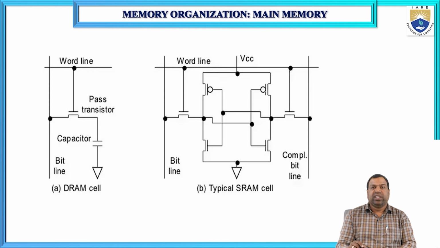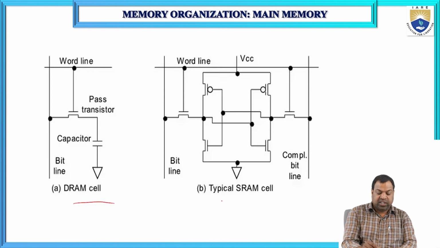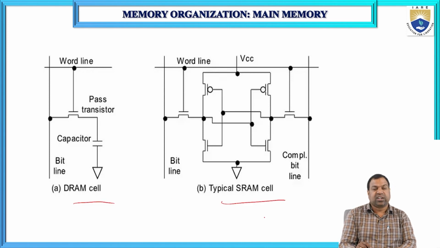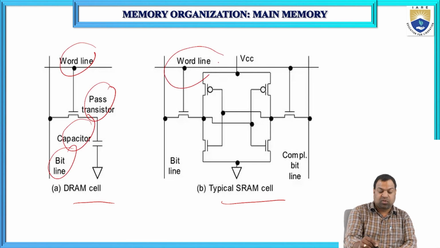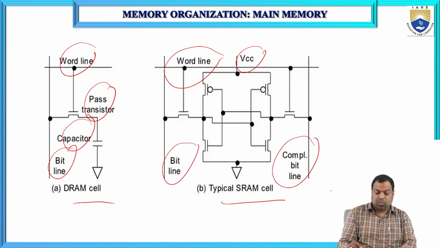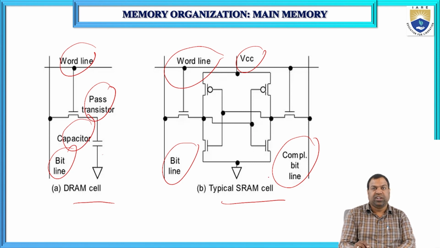So this is the DRAM cell, and this is a typical SRAM cell. It shows the internal manufacturing, how we are designing through the integrated circuits. Here word line, fast transistor, capacitor, bit line are there. Here word line, VCC, bit line and complementary bit lines are there. So here more capacitors are used, here fewer capacitors.